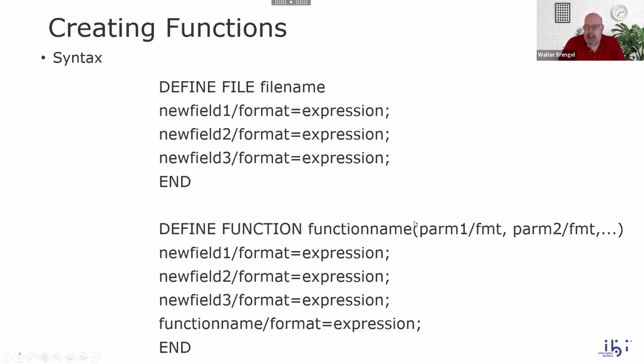And inside the function name, we're going to have parentheses and the parameters that the function is reading in. So here I have parm1 and its format, and then parm2 and its format. In your define function, your last entry should be the function name as a field, whatever format equals expression. So this will be your final resulting return value.